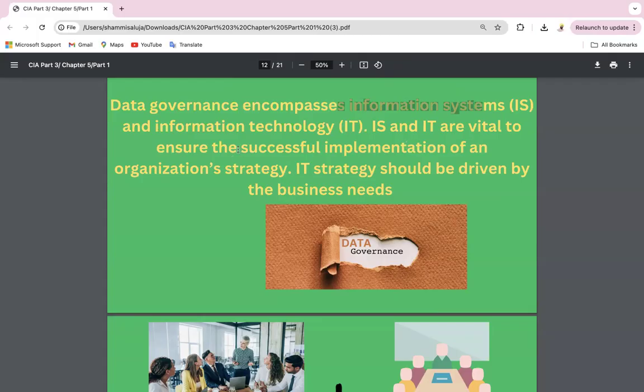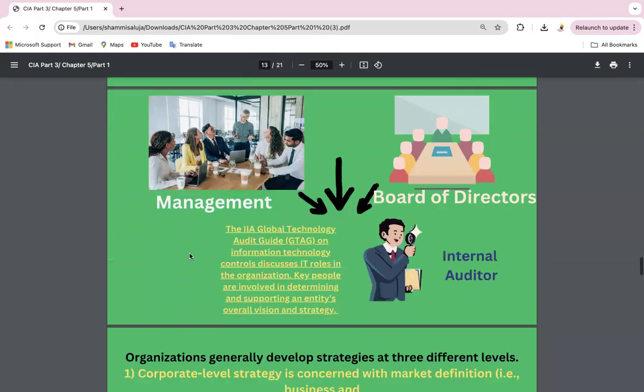They are very important to ensure the successful implementation of the organization strategy so that the business needs can be fulfilled. Now, as per the Institute of Internal Auditors Global Technology Audit Guide, which is particularly related to information technology, can I ask you again this question? Just focus. Data governance includes what?